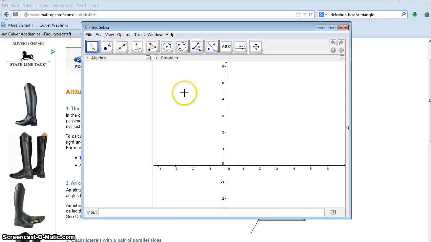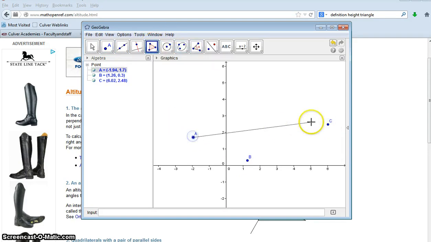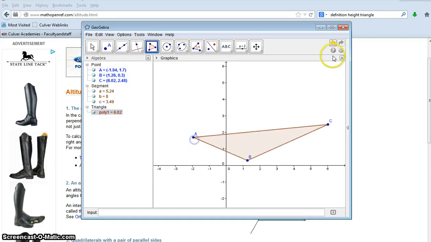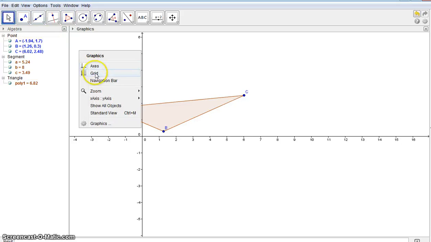So on GeoGebra, let's start with an obtuse triangle. And I don't really need the axes here, so let's turn them off.